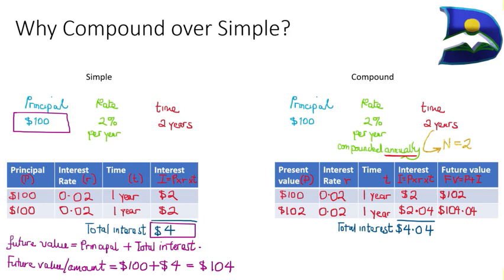However, with the compound interest, the last cell of that table is the future value, which in this case is $104.04, which is remarkable. 4 cents more than the simple interest. And if you do this over more years and more compounding periods, you will get way more money than what you started off with.